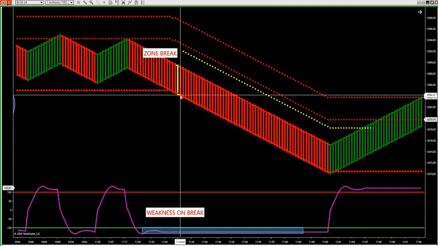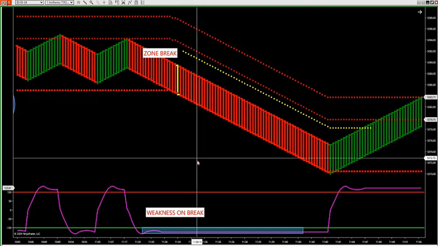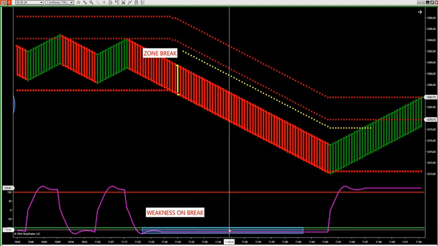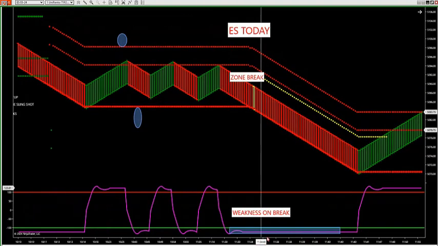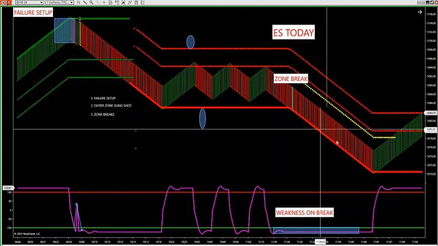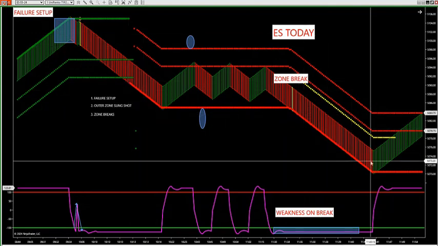That is major weakness. So that gave an opportunity, 84 potential all the way down to 69, over a 13-point trade. It just came off of a 10-point potential failure trade, right into a zone break, a 13-point potential trade. But notice both of them had that oscillator confirmation.